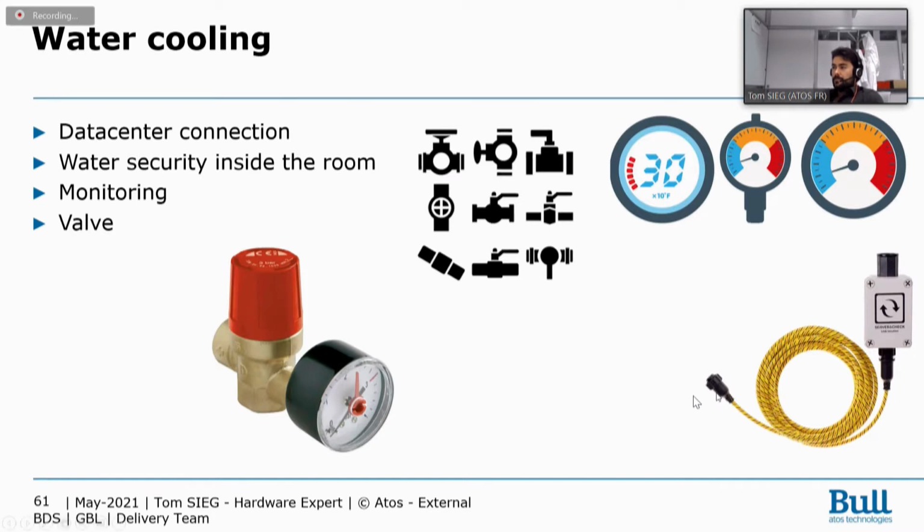To prevent that, you can put in place sensors like this one or others to find any leak in your data center. You can put them in your rack, in the false floor itself, or directly on the ground, just to have an alert in case of leak.